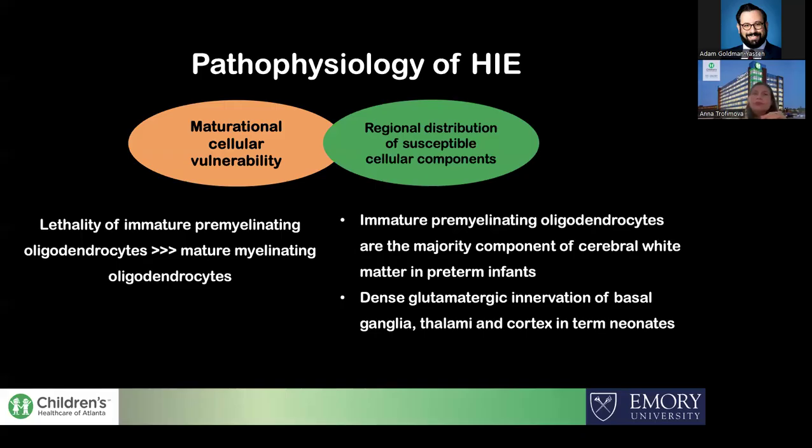For example, it's known that preterm infants are especially susceptible to white matter injury. In preterm infants, it has been demonstrated, for example, that lethality of immature pre-myelinating oligodendrocytes is much, much higher compared to the lethality of more mature cells when they are subjected to the same level of hypoxic ischemic injury.